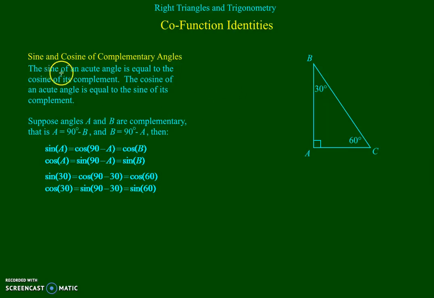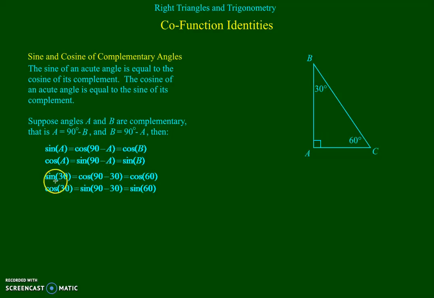That is, the sine of an acute angle is equal to the cosine of its complement, and the cosine of an acute angle is equal to the sine of its complement. For example, if A and B are complementary, then A equals 90 degrees minus B, and likewise B is 90 degrees minus A. So therefore, the sine of angle A equals the cosine of 90 minus A, and the cosine of A is equal to the sine of 90 minus A.